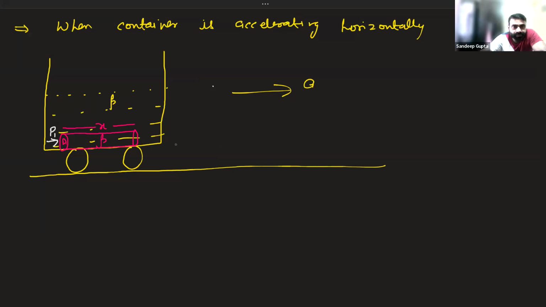On this side pressure is P1 here, and this side pressure is P2. So due to pressure here, force F1 will be P1 into area, and here force towards left will be P2 into A. So F1 is acting towards right, F2 is acting towards left, but the system is moving towards right.